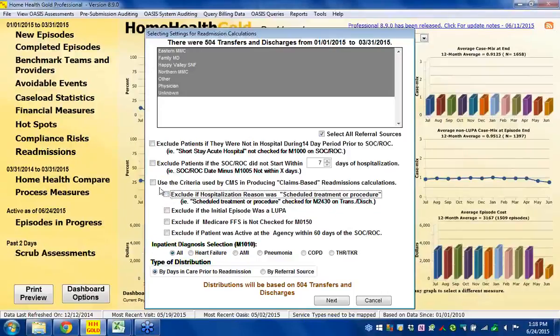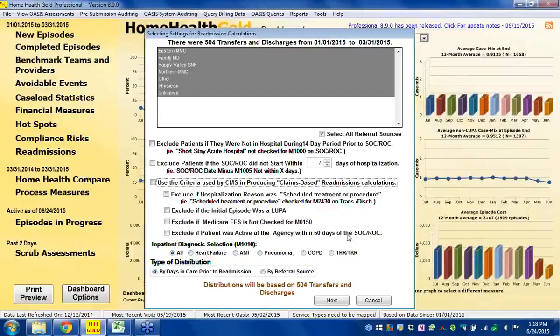If you're attempting to mimic the claims-based readmission calculations, you can check this box, which will add all of the filters that CMS uses all at once. So that's why the indentation there. So if that's the direction you're headed, then certainly that will work just fine for that.